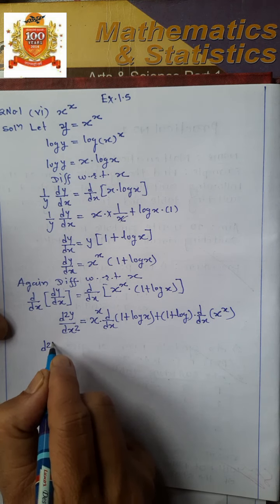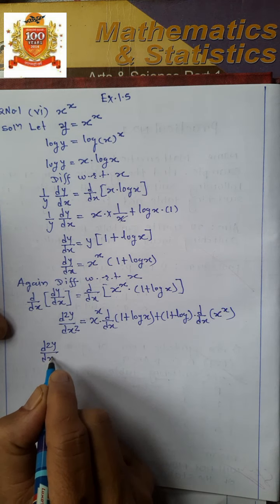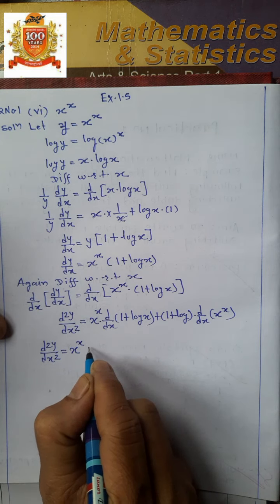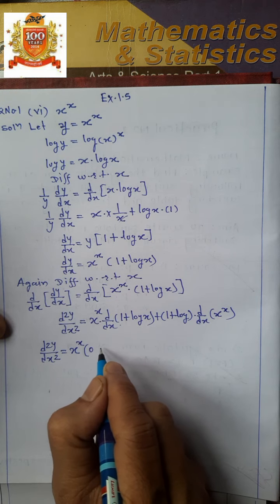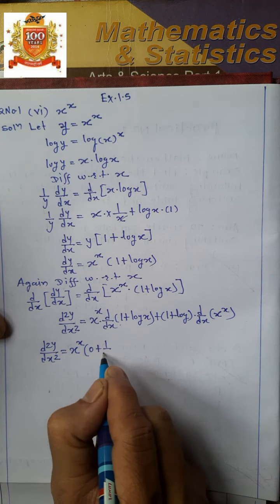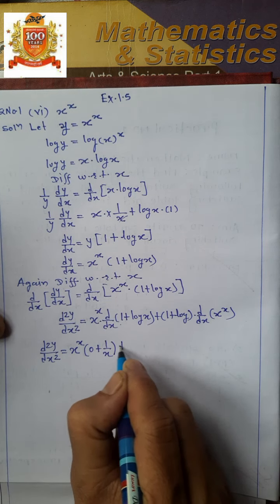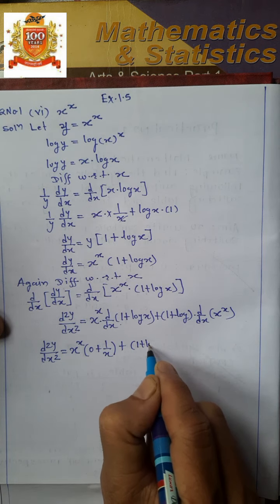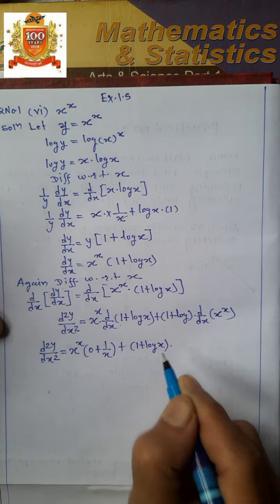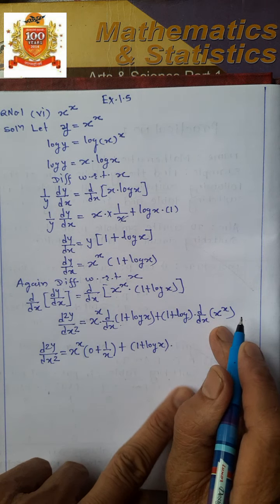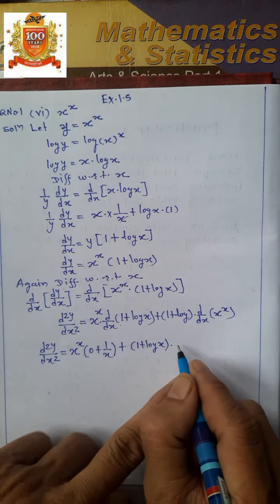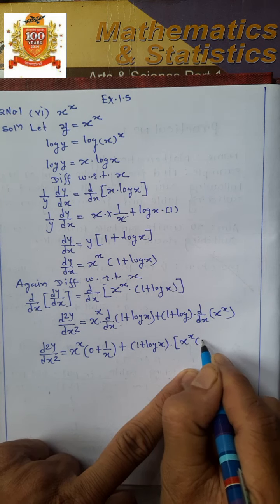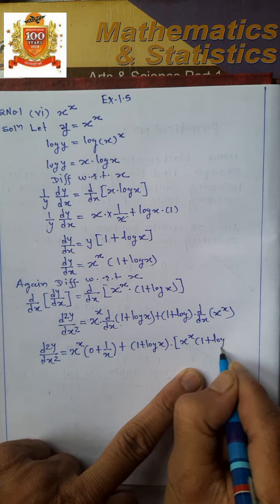Therefore, d2y by dx square is equal to x raised to power x into 0 plus 1 upon x, derivative of log x is 1 upon x. Now 1 plus log x as it is into derivative of x raised to power x, which is this, means into x raised to power x in bracket 1 plus log of x.